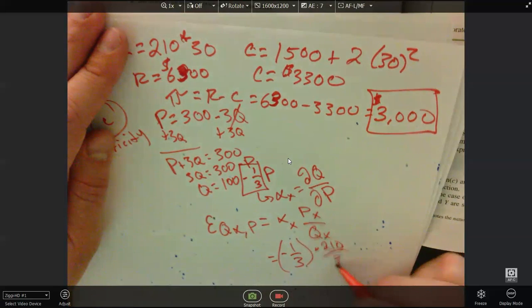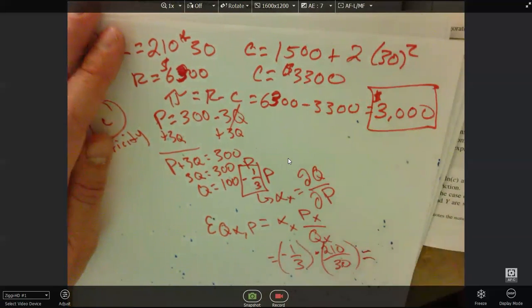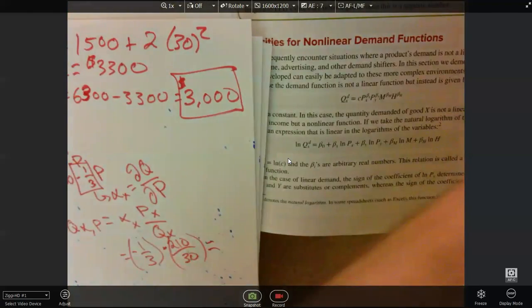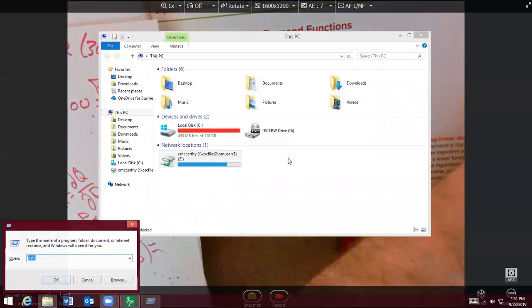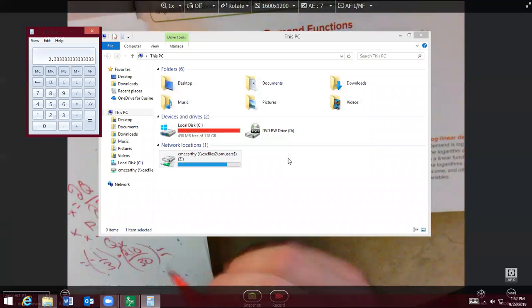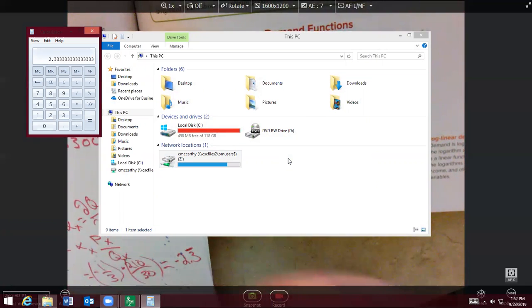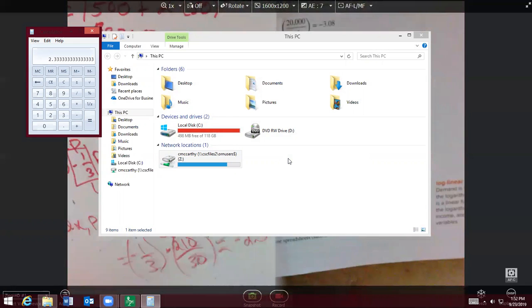It's 30. So negative 1/3 times 210 over 30 gives us negative 2.3 repeating.